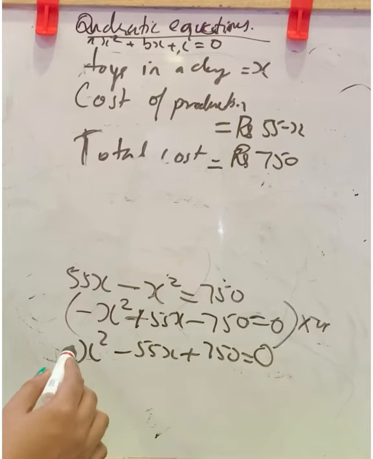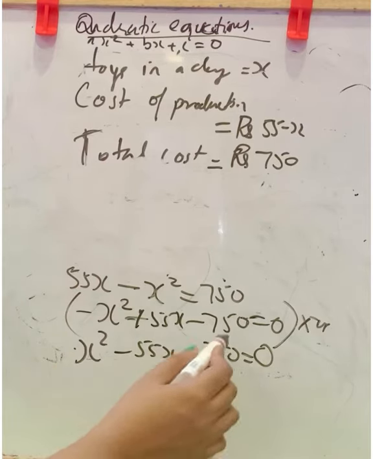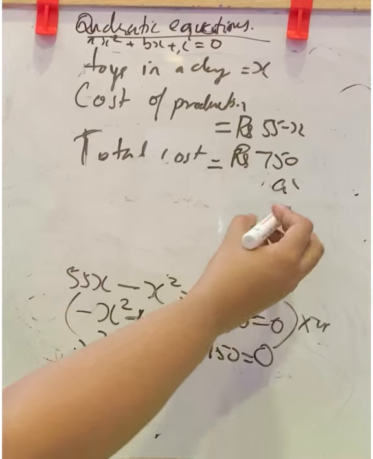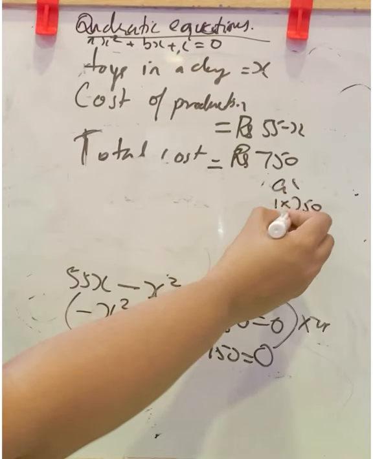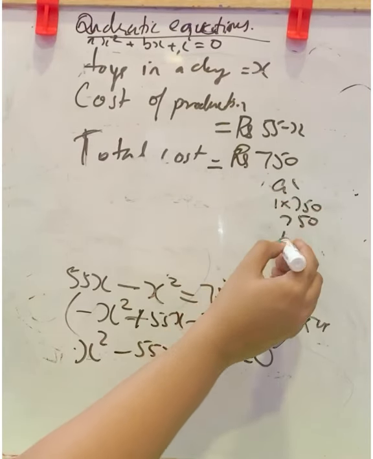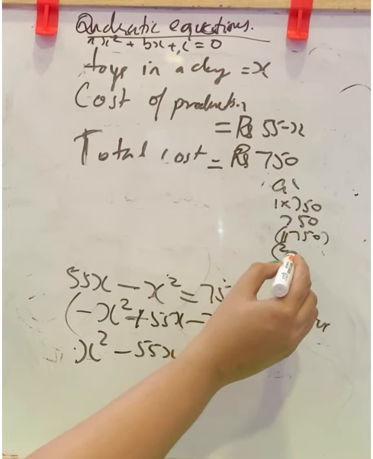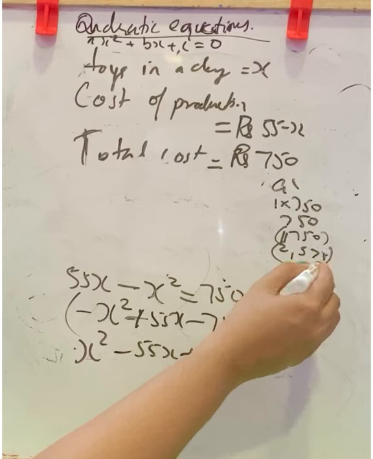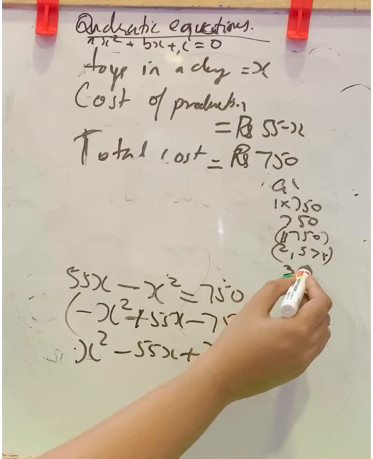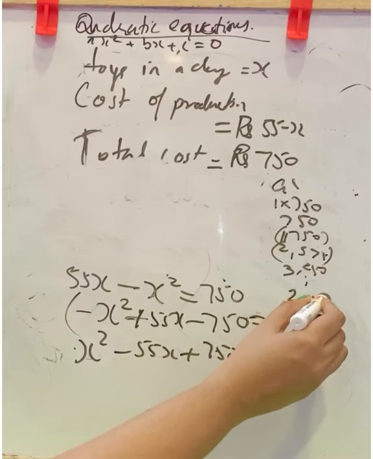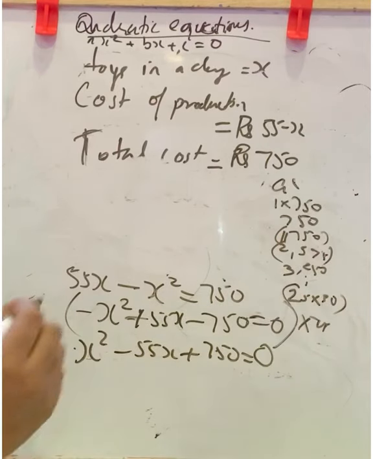Now here 1 into 750, that is A and C. AC is 1 into 750, that is 750. Factors are 1 into 750, 2 into 375, 3 into 250, like that, 25 into 30 is a factor.